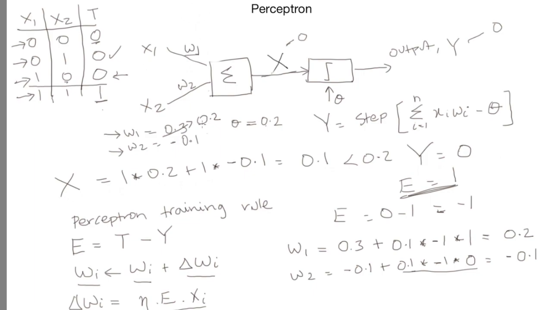The new weights you should get is W1 becomes 0.3 and W2 becomes 0. So this concludes one training epoch.